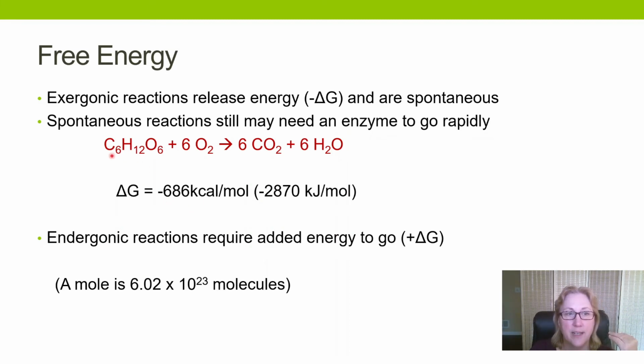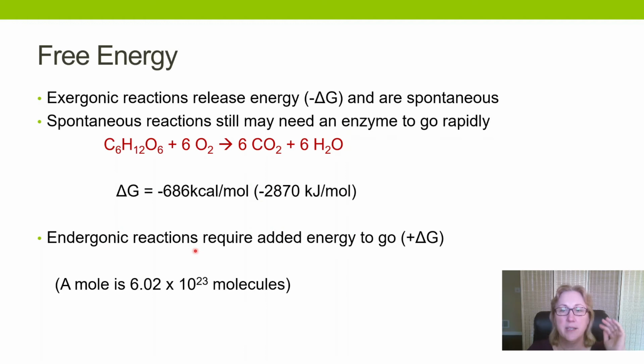So here's sugar again, C6H12O6, that's glucose, combined with oxygen, produces carbon dioxide and water and energy. The energy is going to change during this reaction. So exergonic reactions that release energy are going to have a negative delta G. So that's what that tells us.